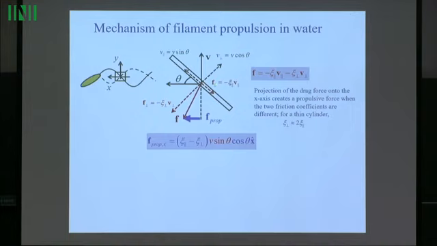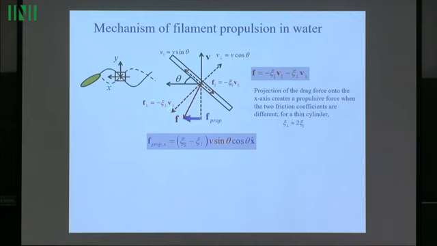So what we do here is we just consider a moment of time when this element of the flagellum moves up with some velocity v, for whatever reason, for the chemical mechanical work that the special motor here produces. So then there is friction that I can decompose into two forces, F parallel to the body of this element, and F perpendicular, that is perpendicular to the body.